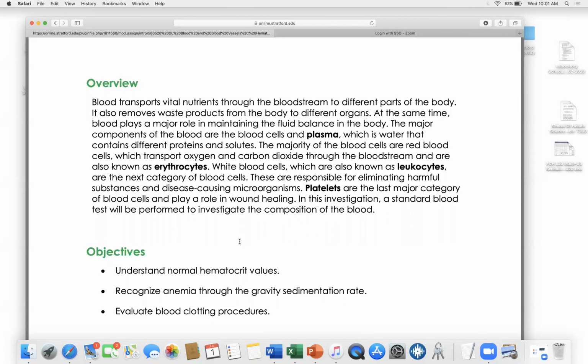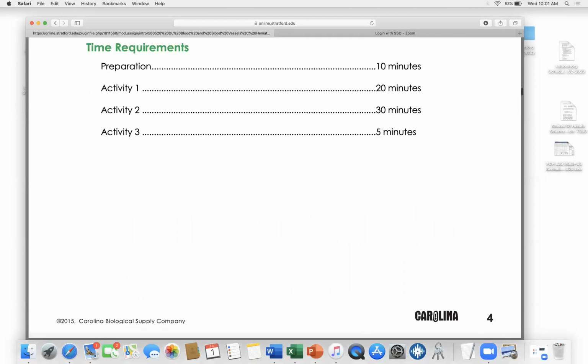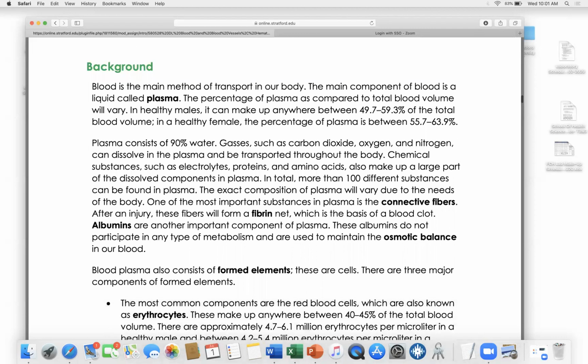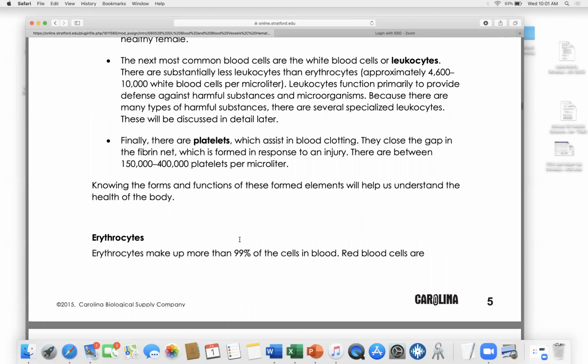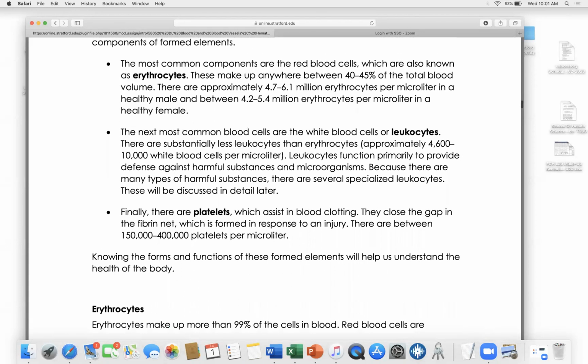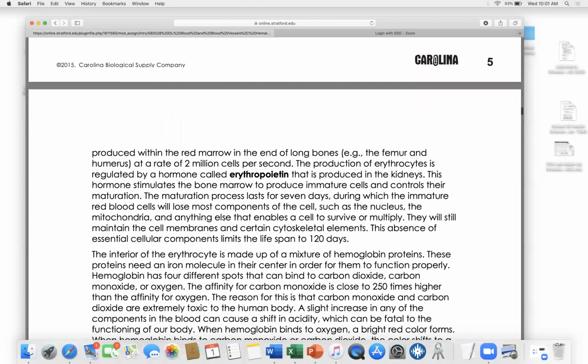Remember, being dehydrated or overly hydrated, either situation is no bueno. You could look at this and eventually, especially you future nurses, got to memorize these numbers. Eventually, you get your lab class, you need to.